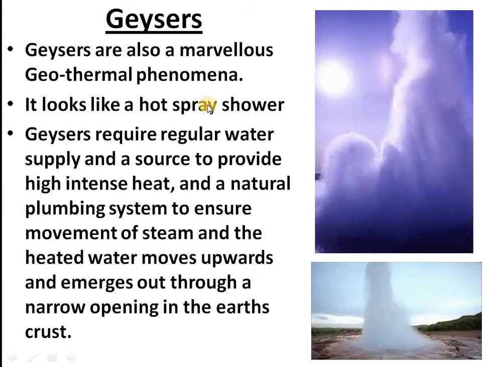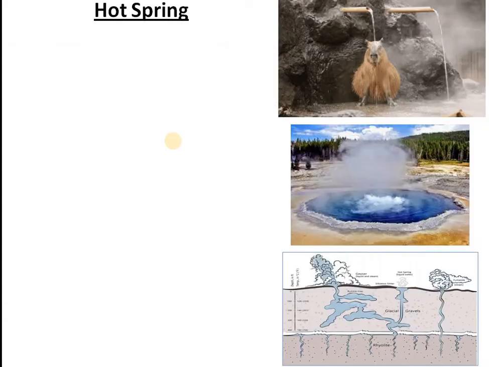Just like in a garden, you must have seen a water fountain. The only difference is that they are natural water fountains, and hot actually. Artificial water fountains are usually not hot, but this is hot as well. So this is another geothermal phenomenon which can be found in many parts of the earth.